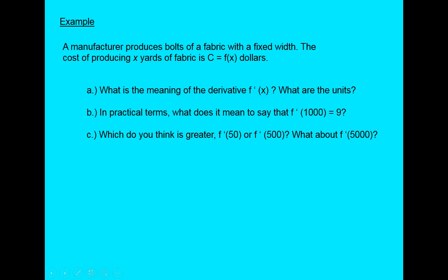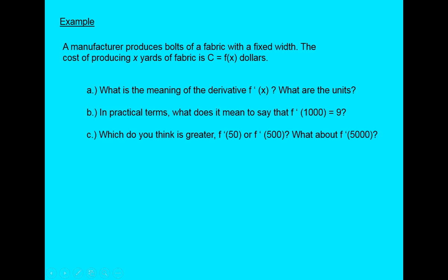If our function represents the cost of producing x yards of fabric, f prime of x would represent the rate of change of the cost of producing x yards of fabric. So the units would be dollars per yard.